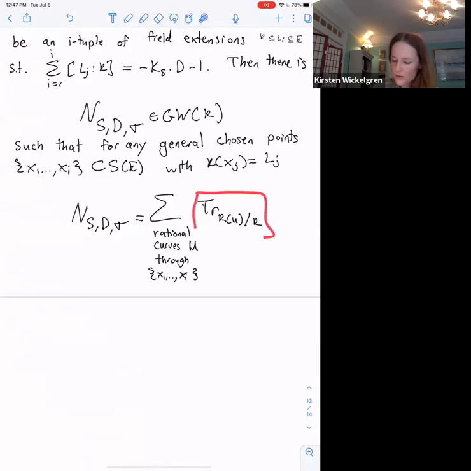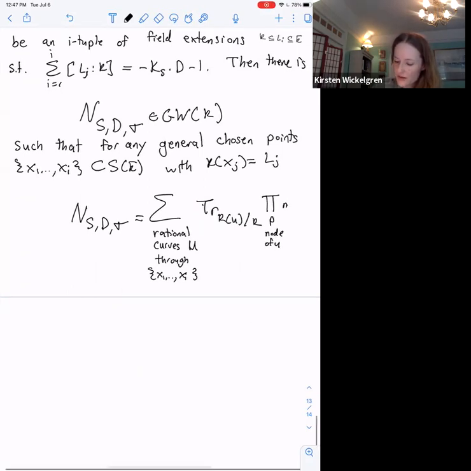So here we're counting the number of curves we'd have over the algebraic closure, and the weight has to do with the geometry of the nodes. So it's the product over P node of U of MP. So these were in the fields of definition of the node. So strictly speaking, that doesn't make sense, but it does if you just multiply it out. It's the discriminant of the double point locus.